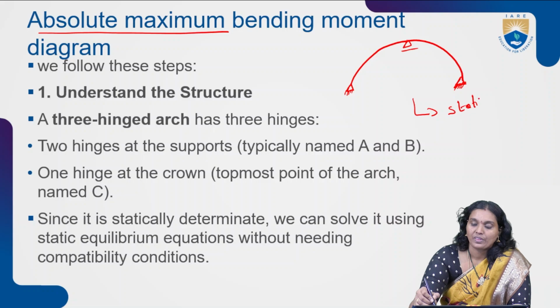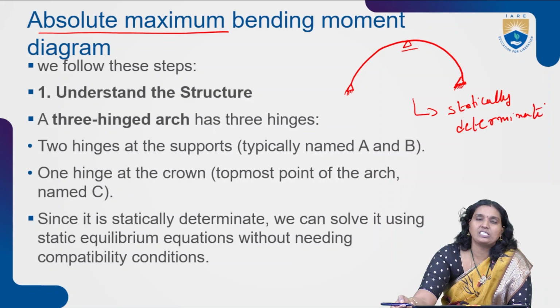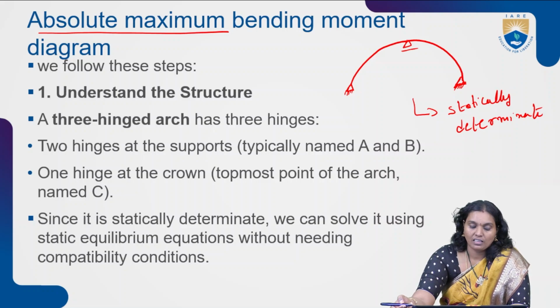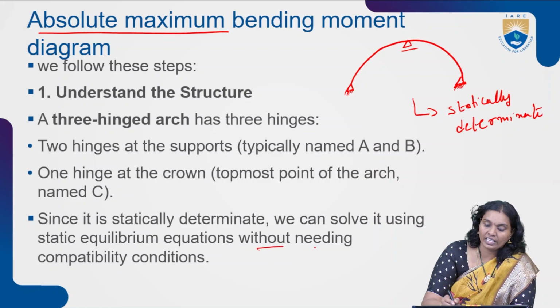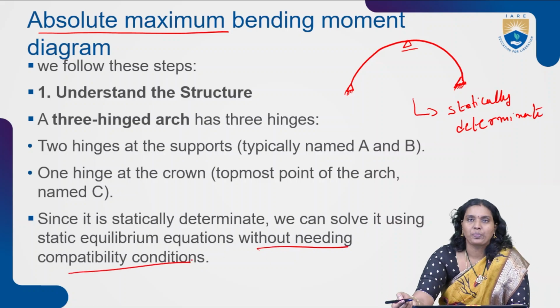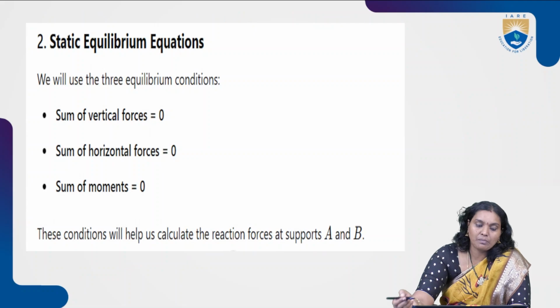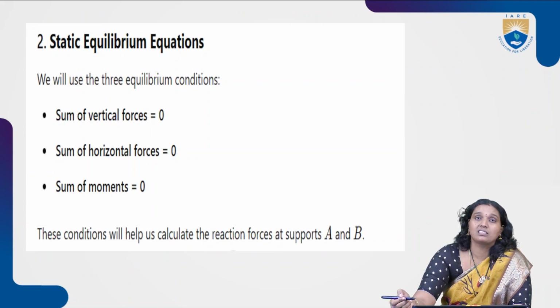It is a statically determinate structure. It means the equilibrium equations are enough to find the unknowns in this three-hinged arch, without needing compatibility conditions. What is meant by the static equilibrium equations?